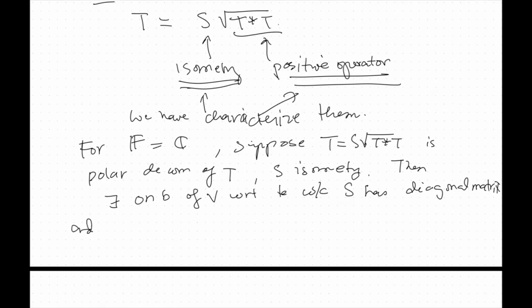And there is also an orthonormal basis of V with respect to which the square root of T star T has a diagonal matrix.